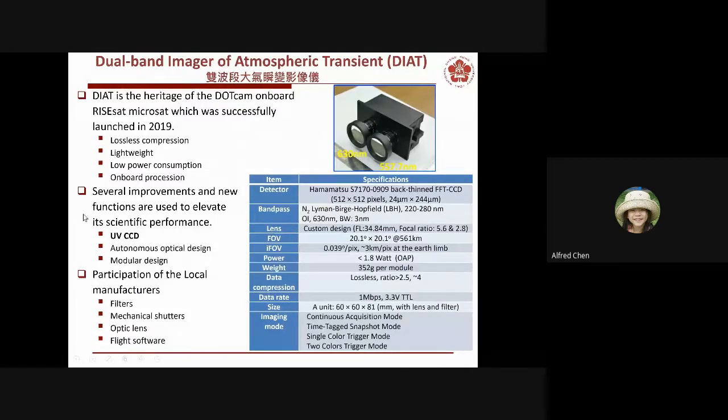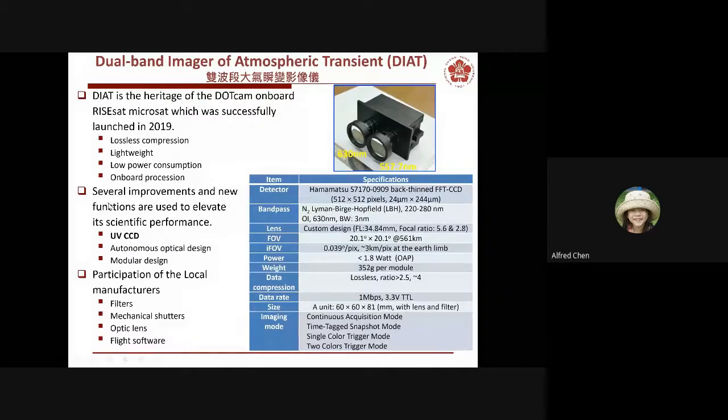But in the DIAT, several improvements and new functions are used to elevate its scientific performance, including a UV-CCD, and we have an autonomous optical design and a modular design. And in this camera, we also have participation from local manufacturers, including filter, mechanical shutter, optics, lens, and the flight software.